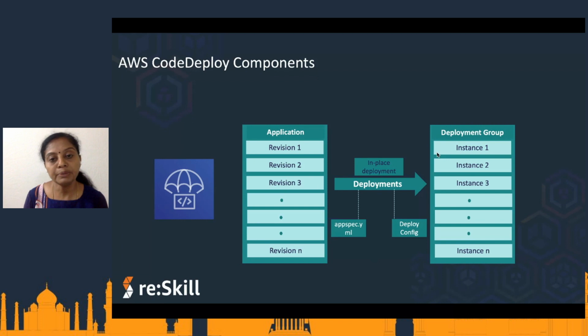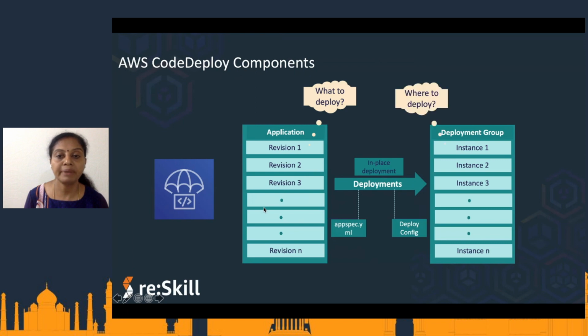This deployment group could be a group of EC2 instances or a group of on-premise instances to which this particular application revision has to be deployed. Basically, the application constitutes what to deploy, and your deployment group is all about where to deploy. So now you have what to deploy and where to deploy.